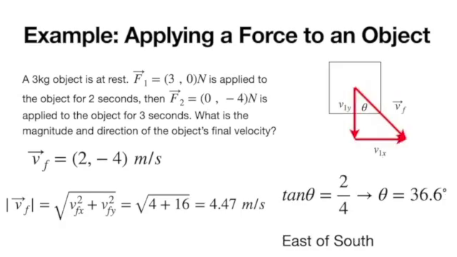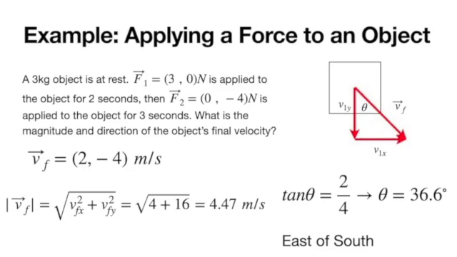I could have also labeled the angle with respect to the negative y-axis, or east of south, in which case, instead of 4 over 2, I get 2 over 4, because now the x component is my opposite and the y is my adjacent, and so I get a different angle, 36.6, which happens to be the complement of the other angle. So those two add up to 90, which is what we expect, right?